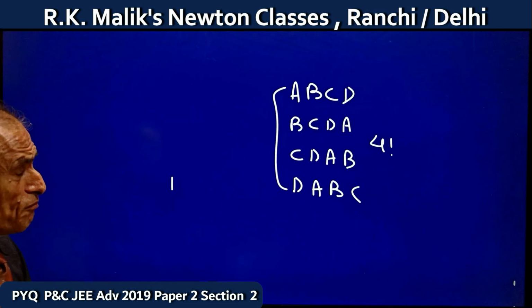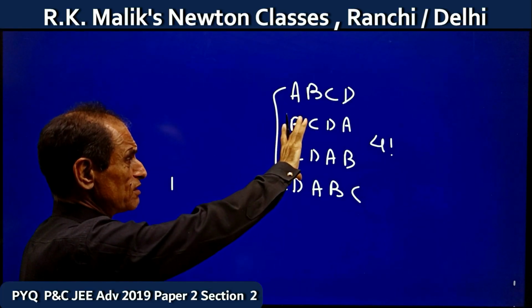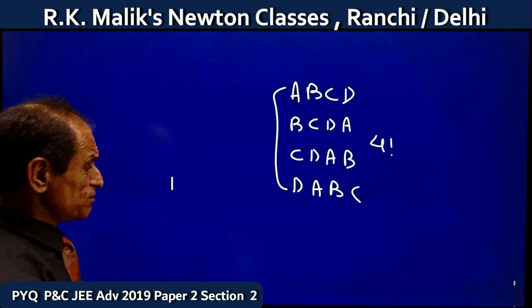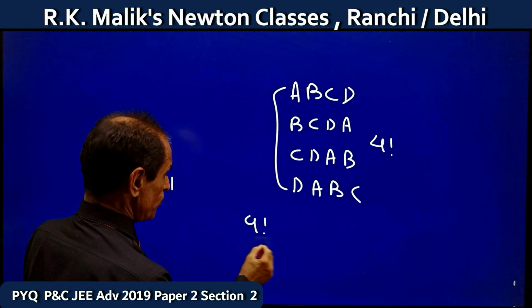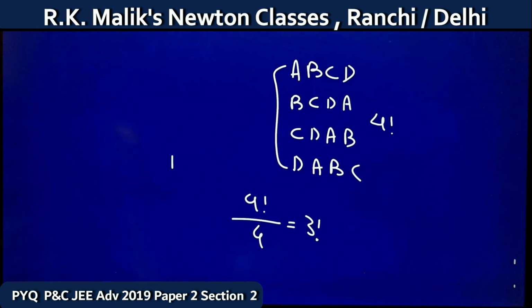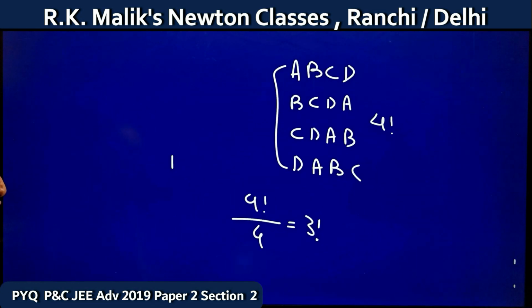Hence, because every 4 linear arrangements give rise to only one arrangement in a circle, the total number of arrangements will become 4 factorial by 4, that is 3 factorial. I told the proof this way because this will make many more concepts clear.